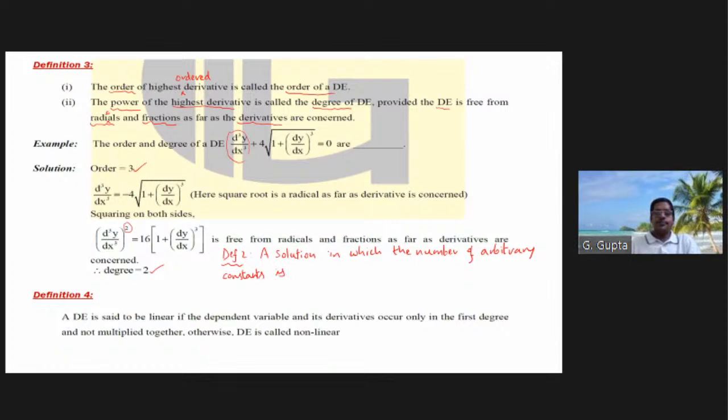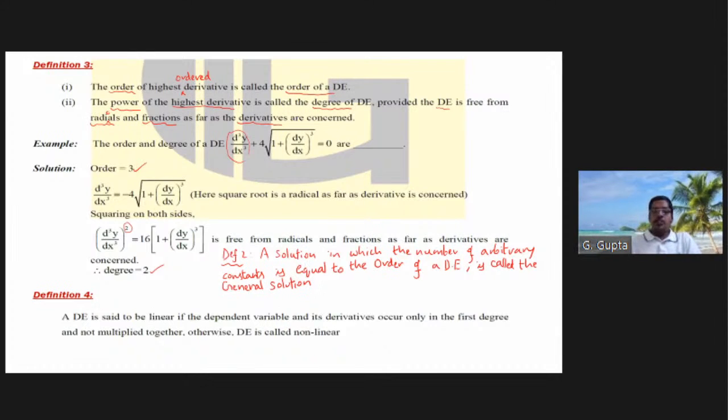Usually, in short form, it is written as GS.